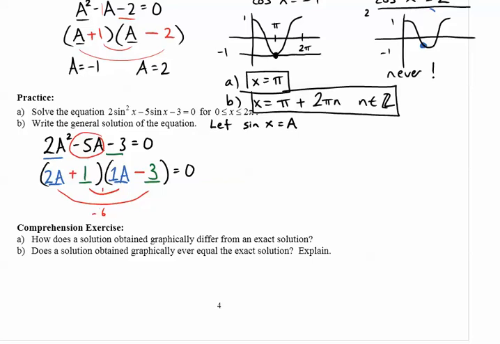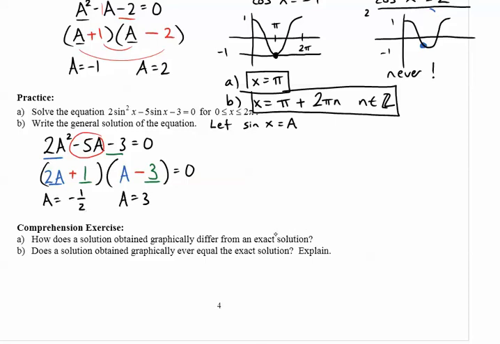So there's my two factors: 2a plus 1, a minus 3. So this gives me two solutions. Either a is 3 or a is negative 1/2.